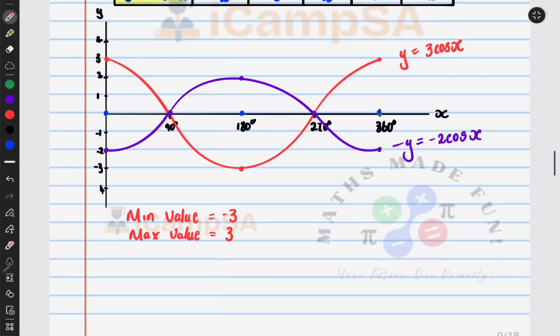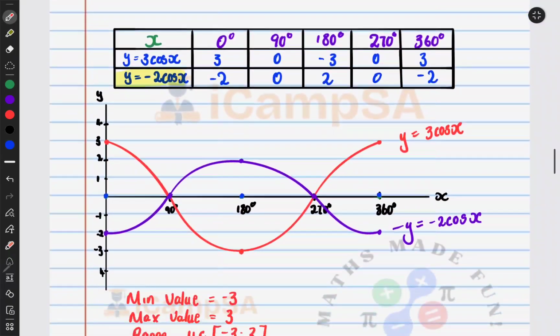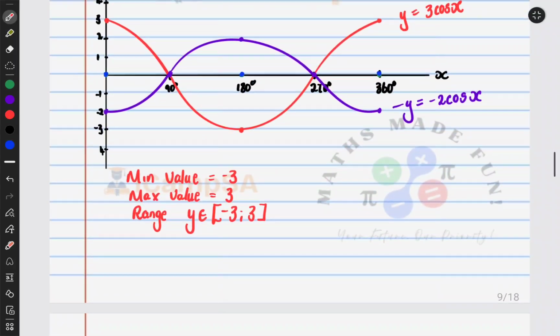Next we look for the range. The minimum and the maximum value also give you the range, so the range is what? y is an element of -3 to +3. That's our range. And then the period, we'll ask the period first here. The period is what? We're dealing with a cosine function. The period is 360 degrees.